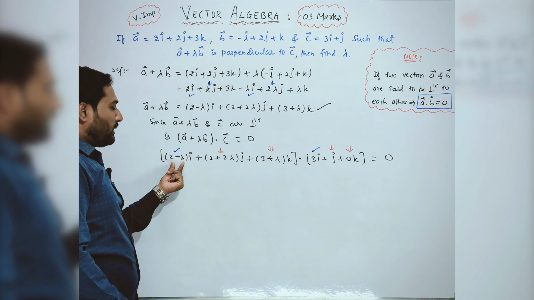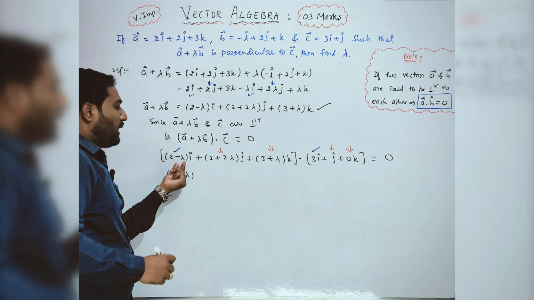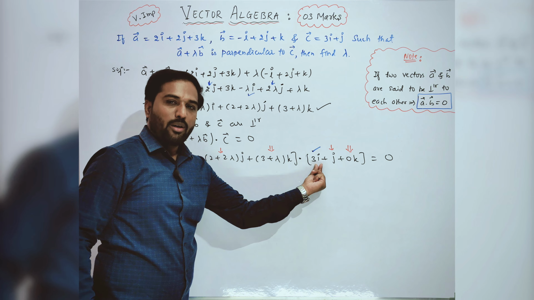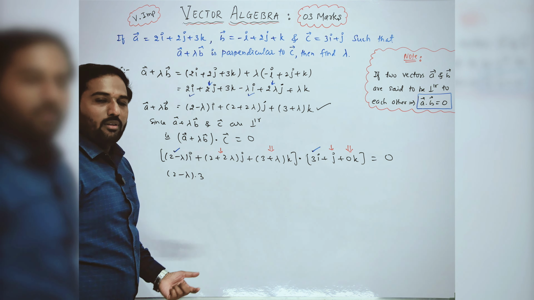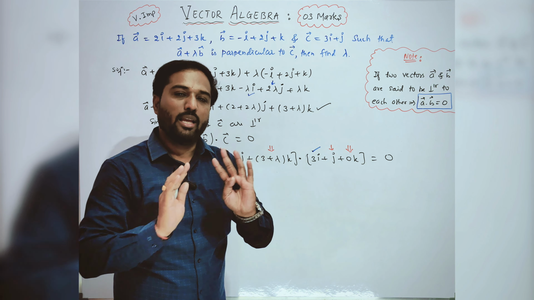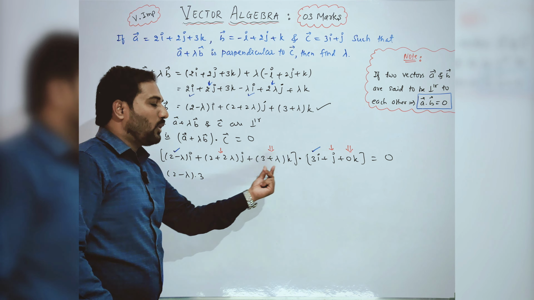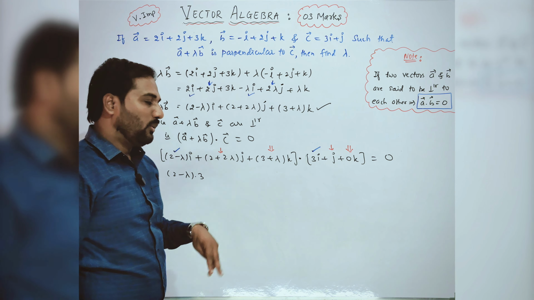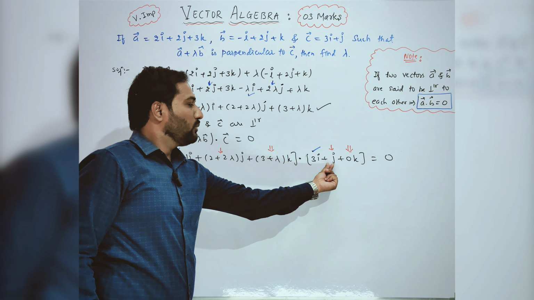So here the i coefficient is 2 minus lambda, into the i coefficient of the second vector, which is 3, so into 3. You multiply the i coefficients, then j and k. One important thing you need to remember is that in between you need to use the plus sign. What is j? 2 plus 2 lambda into the j coefficient.